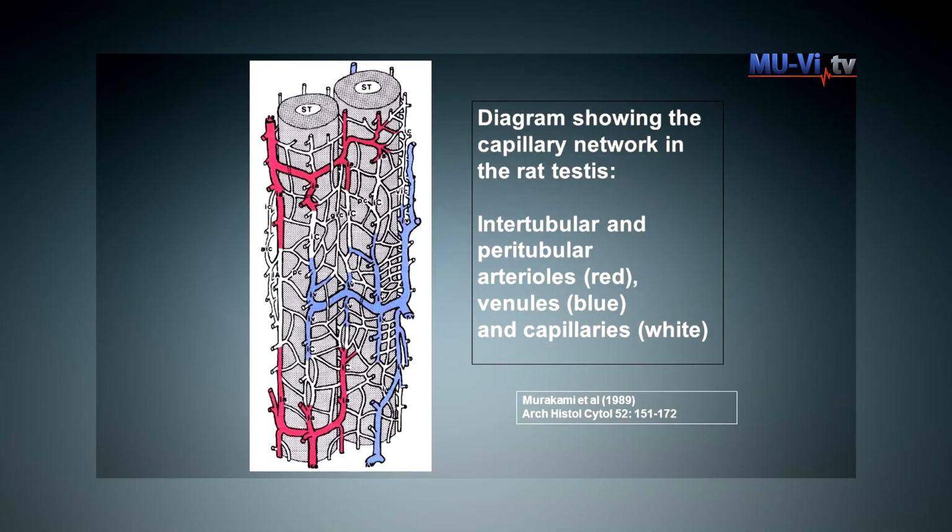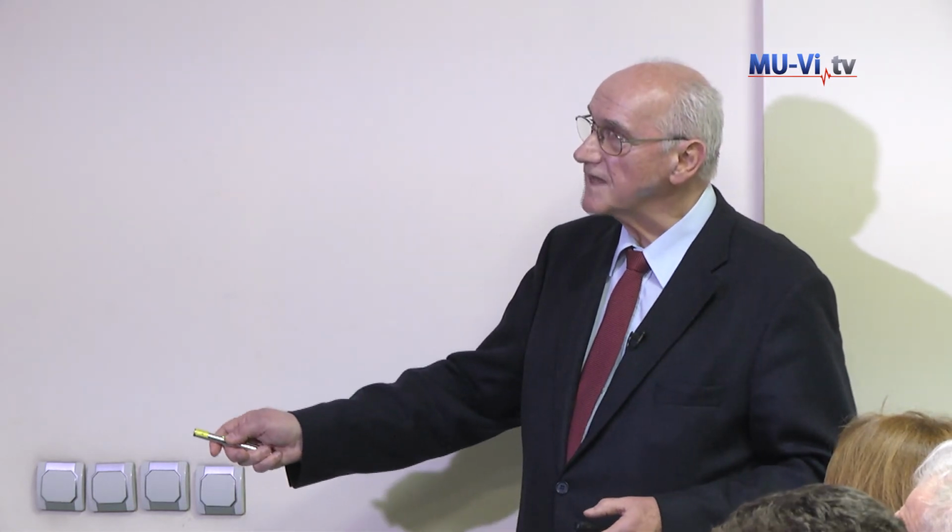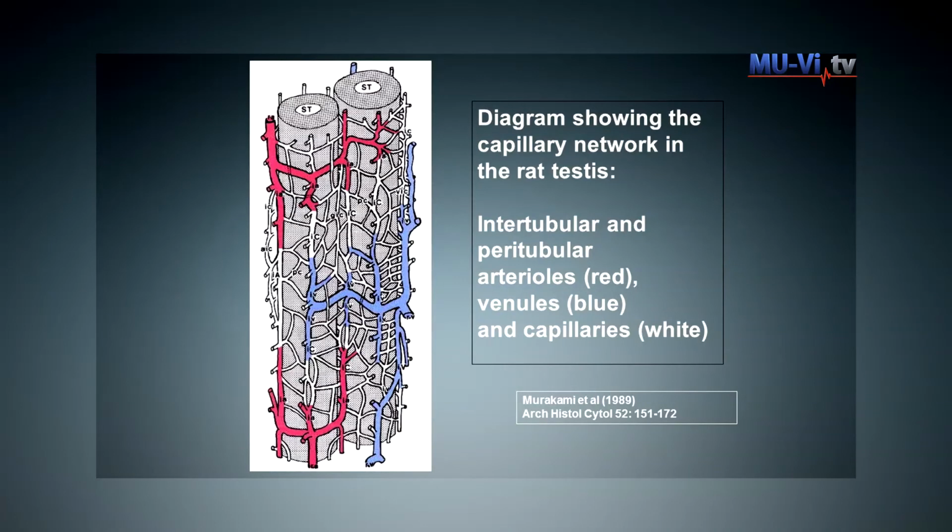Schematically, you can see that these are the peritubular vessels which run longitudinally, and these are connected by the circular intertubular blood vessels. This is a network which surrounds every tubulus, and we can now see the stem cells for the Leydig cells are really a product of this vessel network.